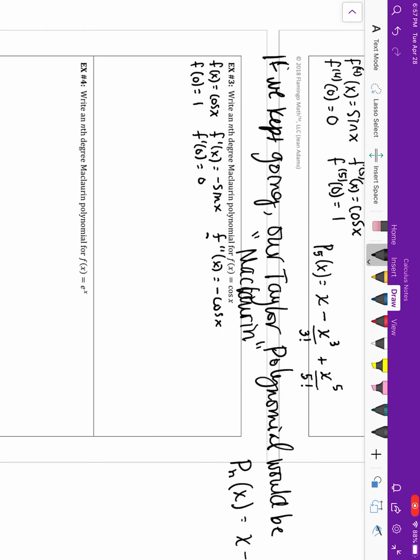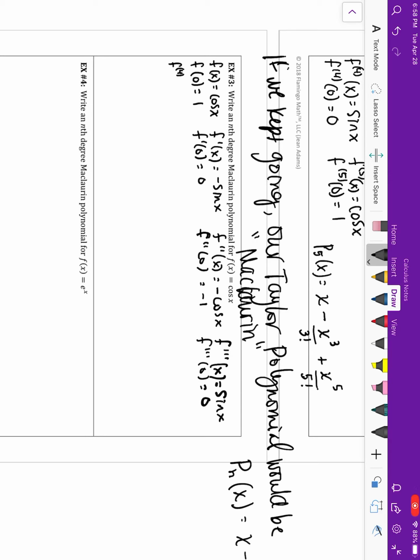Then we take f double prime of x, which is going to be negative cosine x, and then we find f double prime at 0, which is negative 1. Then we take f triple prime of x, which is positive sine x, and we take f triple prime at 0.